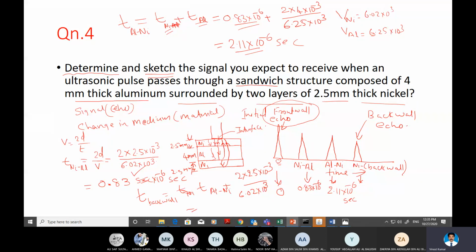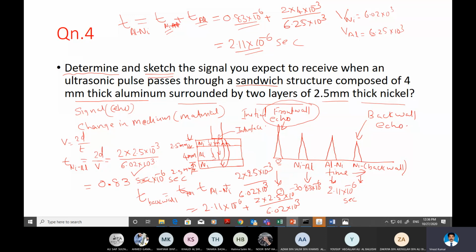So this value we already have, which is 2.11 times 10 to the power minus 6, plus 2 times 2.5 times 10 to the power minus 3 divided by 6.02 times 10 to the power 3. Is that clear to you?